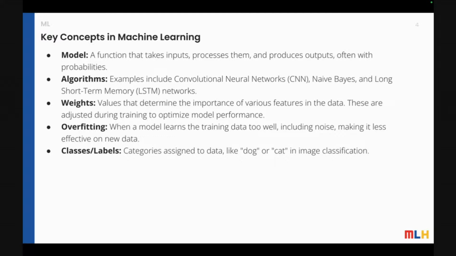Think of it as a function, or if you're coming from object oriented programming, a class or a method, anything which takes an input, does some processing, kind of a black box processing, and produces an output, often with probabilities. Okay, we'll take an example. We'll go deep into what it is. So there's this keyword called model.